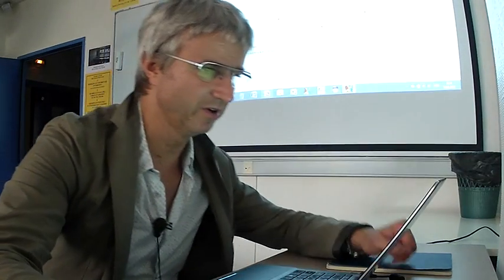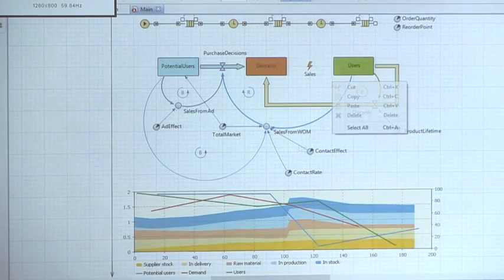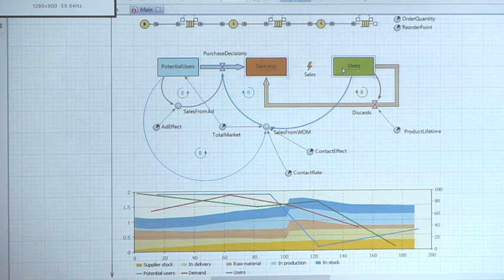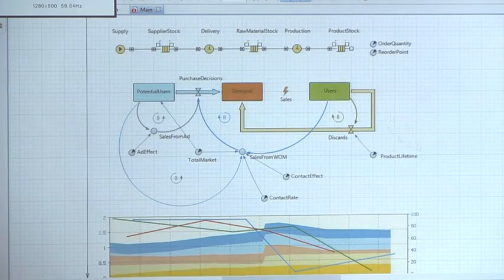So look, the system dynamics diagram with the two stocks, there is no SD flow between the stocks. Nothing. They're disconnected. On the other hand, there is no sink block in the discrete event model.